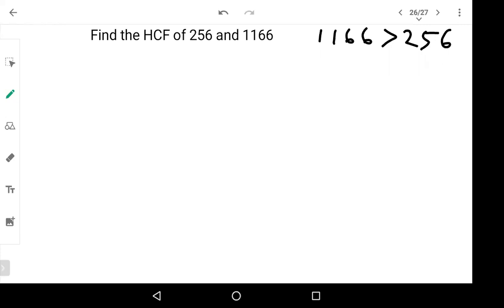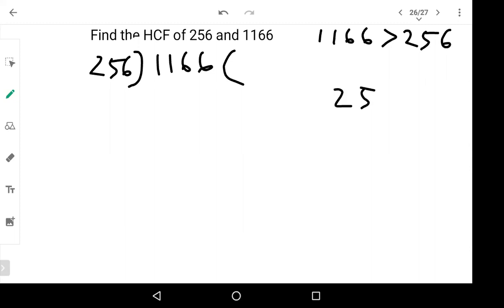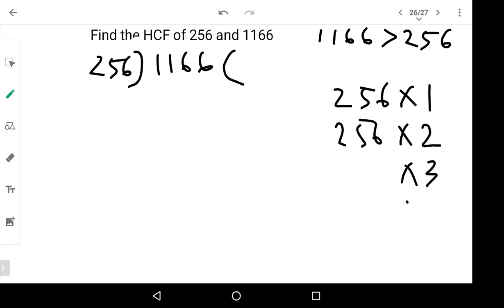Okay. So let us start. 1166 will come in the center. And then we have 256. Now, how do we know which number is divisible? Just check the 256 table. 256 ones are, 256 twos are, 256 threes are, 256 fours are. Like this, you just check 1, 2, 3 numbers.